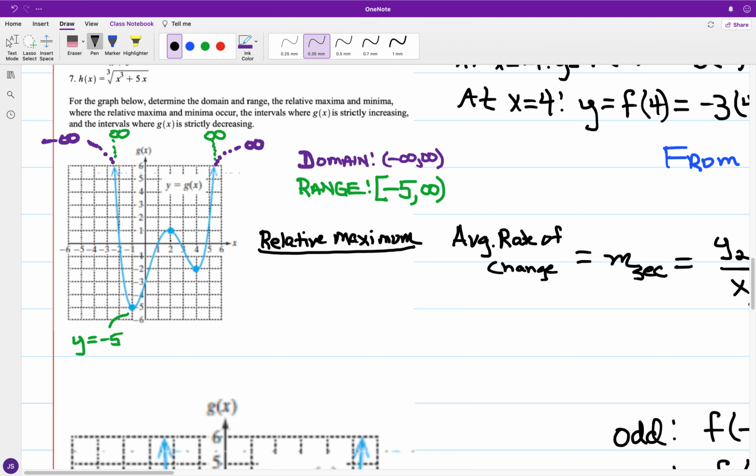So you have 2, 1. The relative maximum is at y equal to 1, and the relative maximum occurs at x equal to 2.